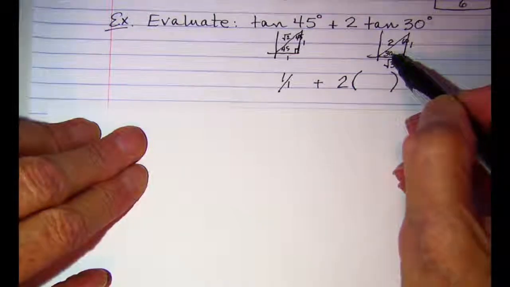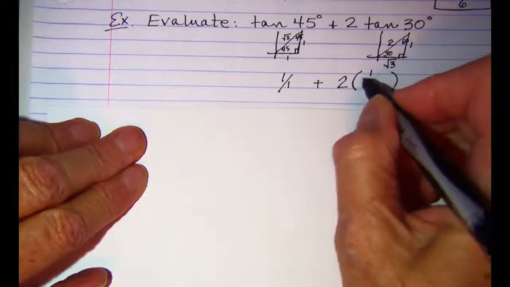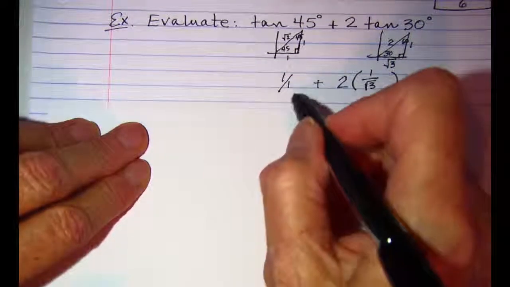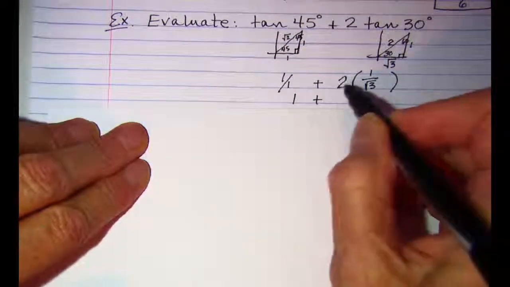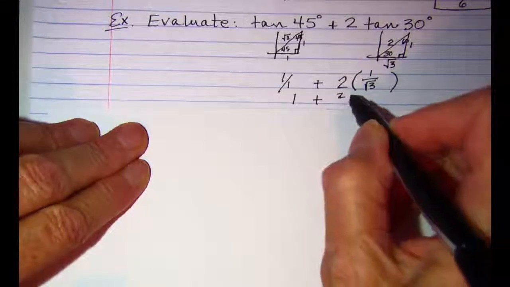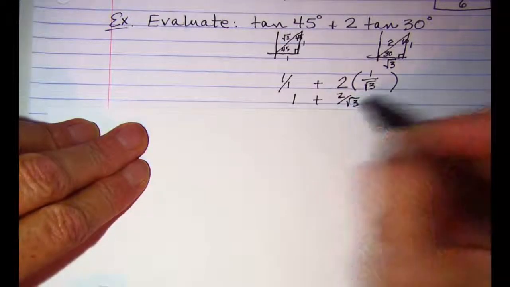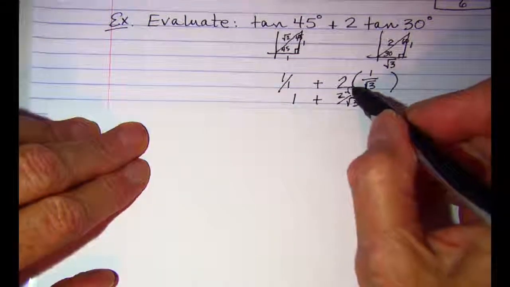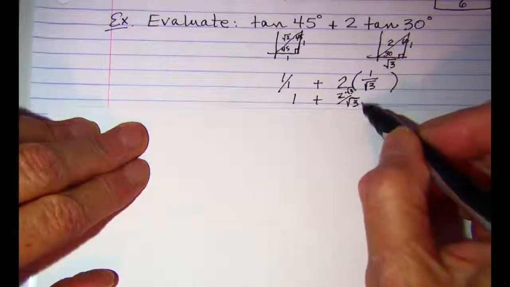So the tangent of 30 I could write as 1 over the square root of 3. And this is 1. When I multiply here, I get 2 over the square root of 3. But I'm going to need to rationalize, so I'll multiply top and bottom by radical 3.